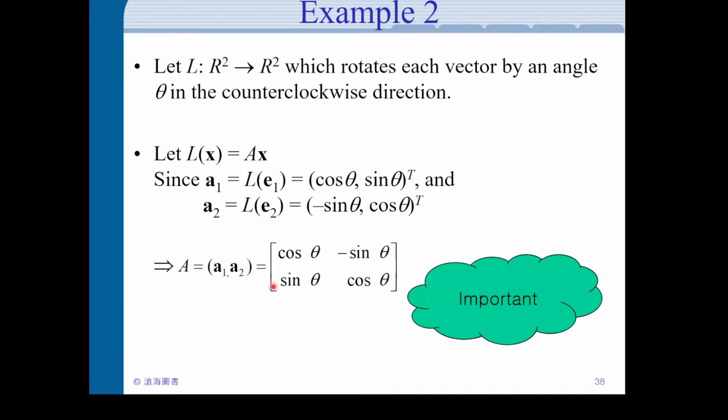This is actually a quite important matrix to remember. It's very nice because in a lot of applications you want to do rotation by angle theta, and now you know the rotation matrix. I guess you probably also learned this in high school.